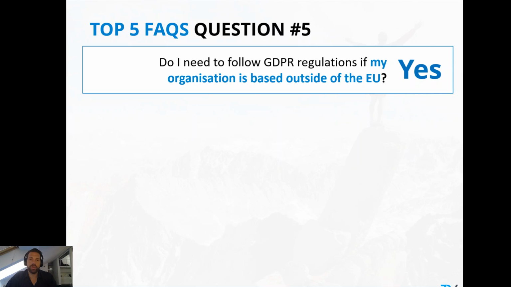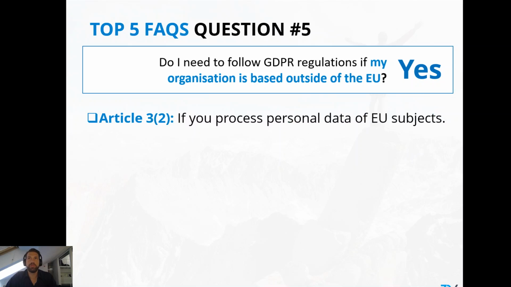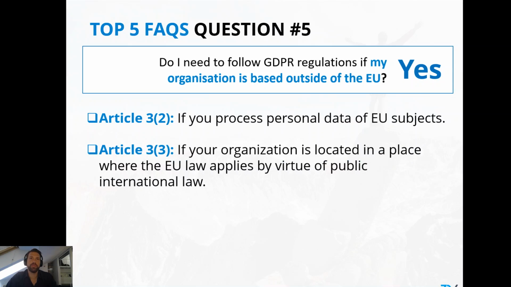And a very, very common question that we get as well is, even if the company you work for or with is not based in the EU, the GDPR still applies because you process personal data of EU subjects. So you can be a US company. If the data subject, the prospect, is in the EU, the GDPR still applies to you.